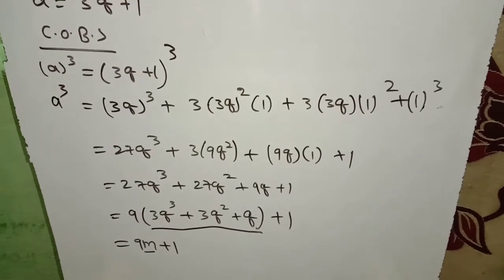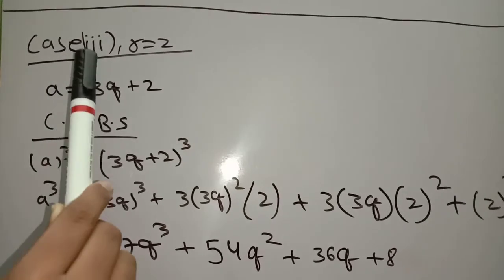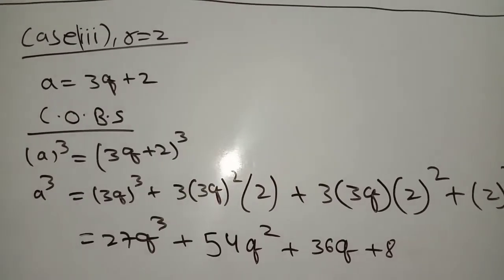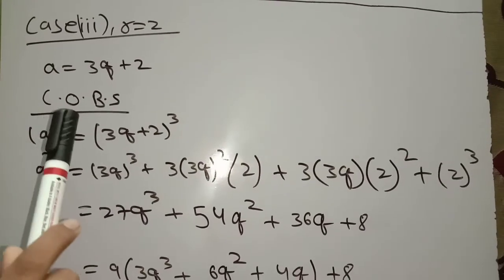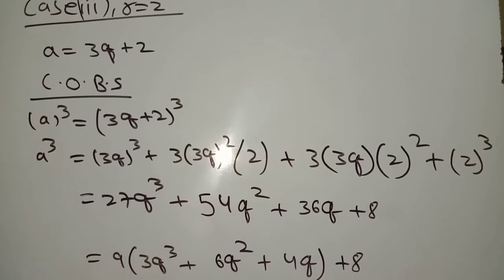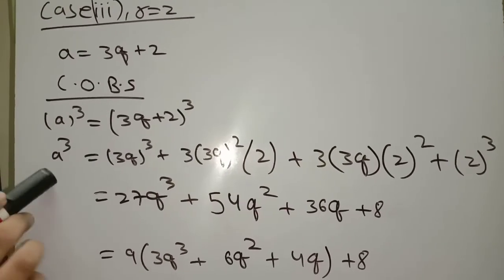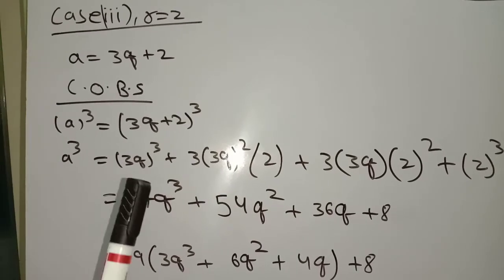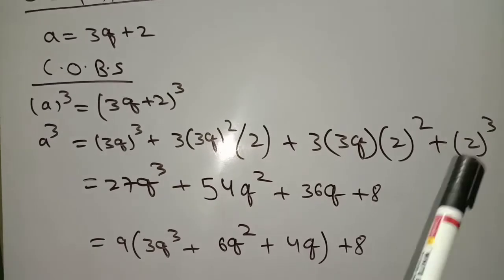Now we are looking at case 3, where r is equal to 2. So a is equal to 3q plus 2, and again we have to cube on both sides because he has given the cube of a positive integer. So a cube is equal to 3q plus 2 whole cube. So a cube is equal to 3q whole cube plus 3 of 3q whole square of 2 plus 3 of 3q of 2 whole square plus 2 whole cube.